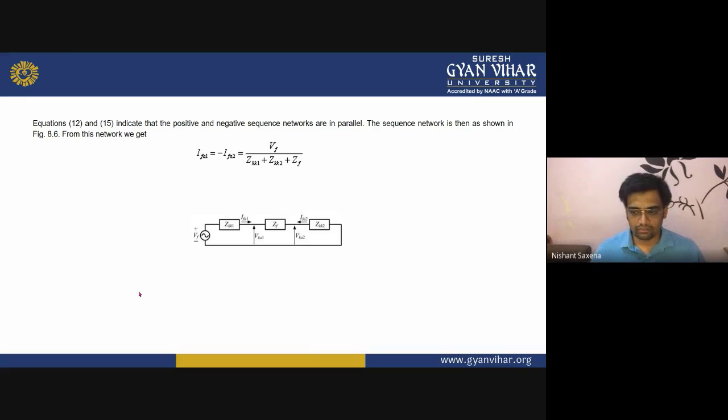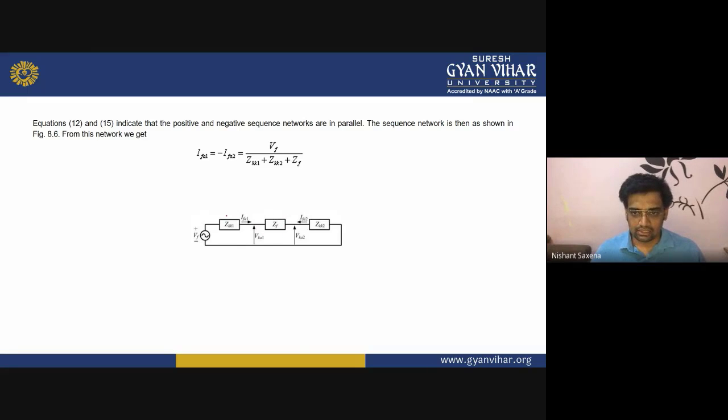So if I draw the sequence circuit for the line-to-line fault, I can draw it like this: ZKK1 is the positive side, and this will be the negative side, and this is the fault impedance.